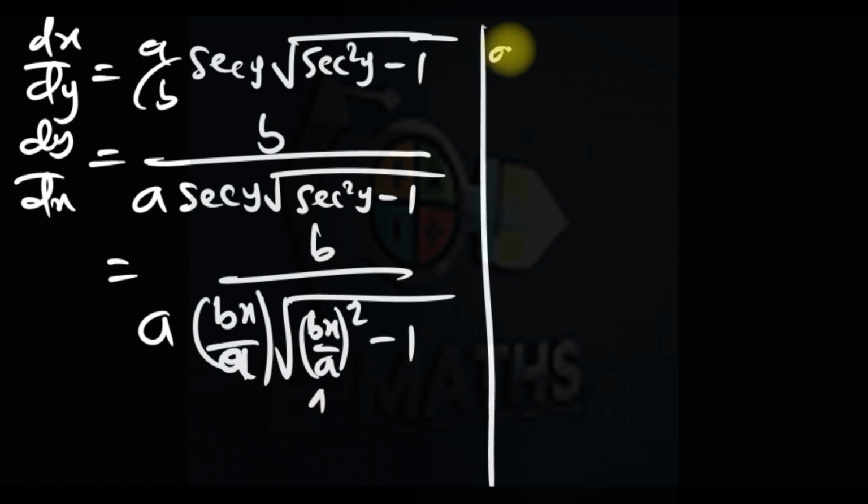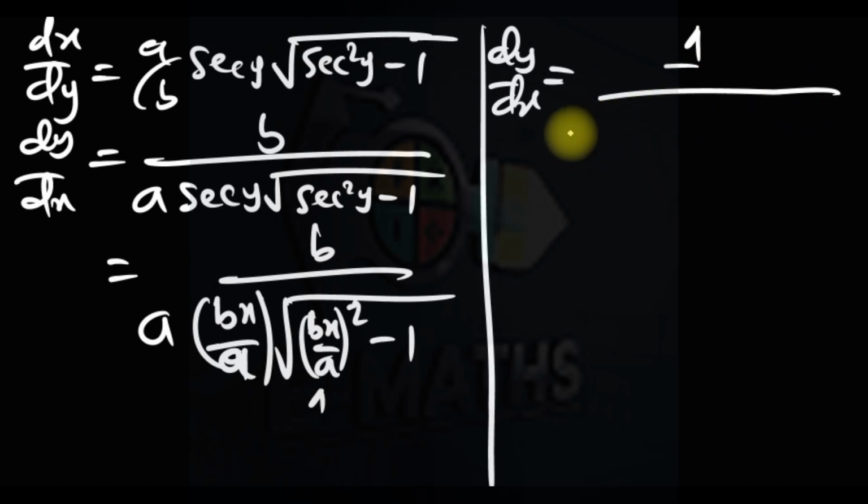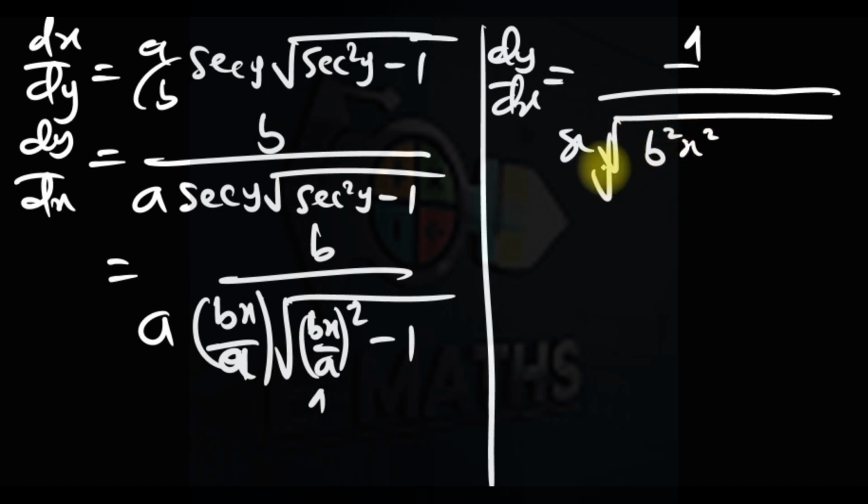So we have dy over dx is now 1 over x square root of b squared x squared over a squared minus 1. So we can still simplify further.